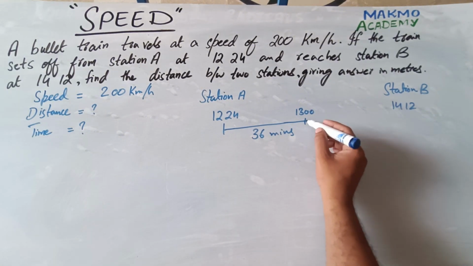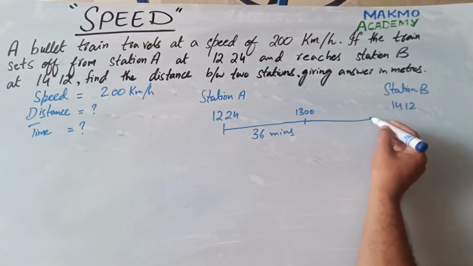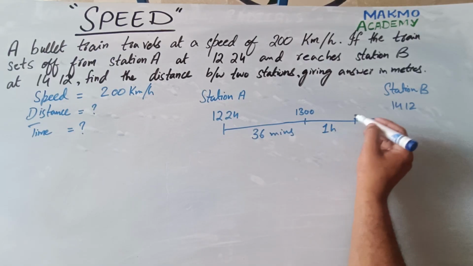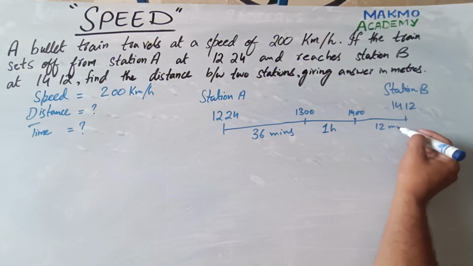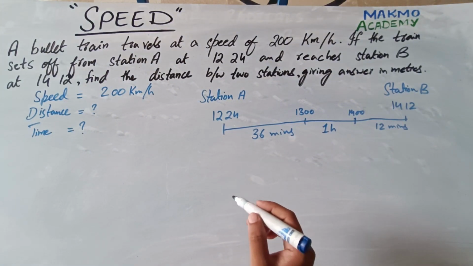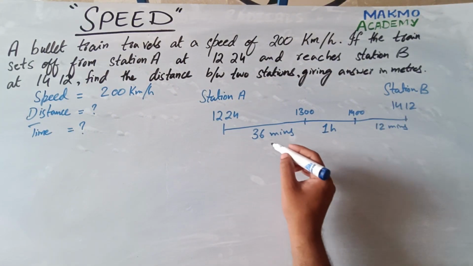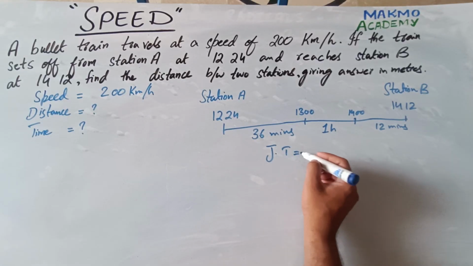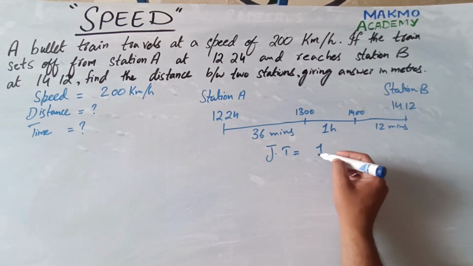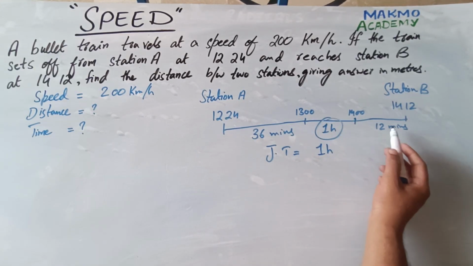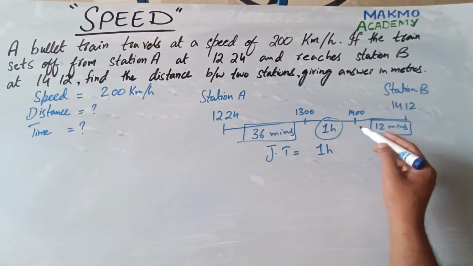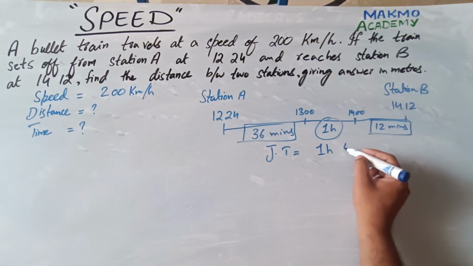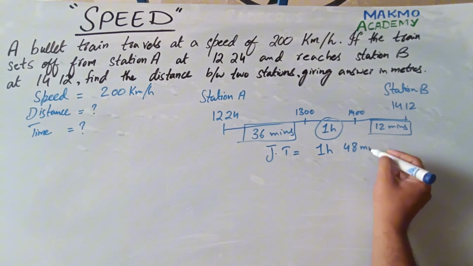Now if we will add 1 hour, so we would be at 14:00. Now we will add 12 minutes, so we would be at 14:12. Now it means that journey time is equal to 1 hour. Now we will add minutes and minutes. 48 minutes. 36 plus 12, 1 hour, 48 minutes.